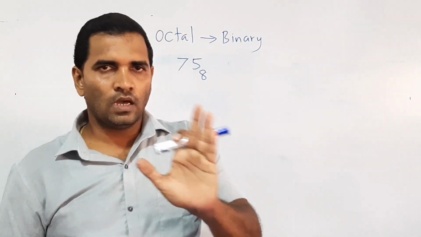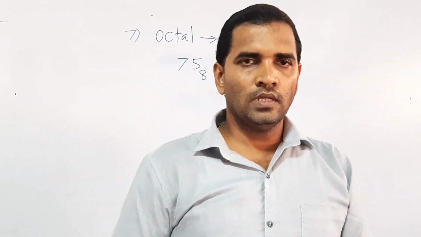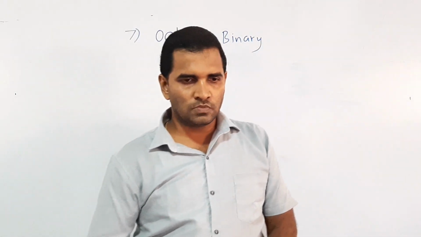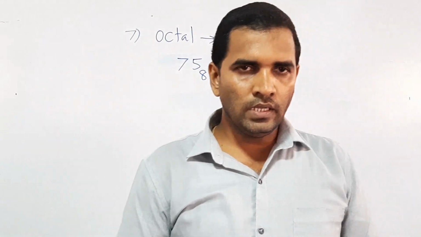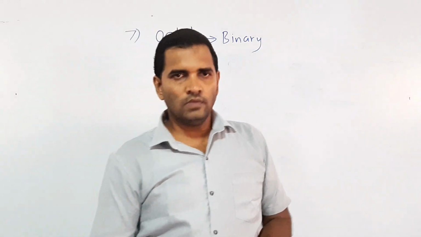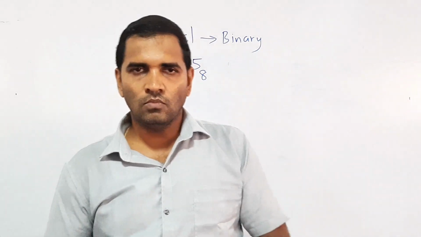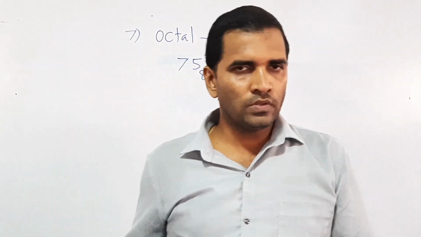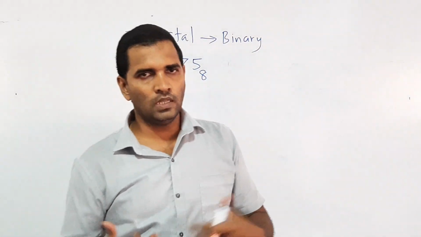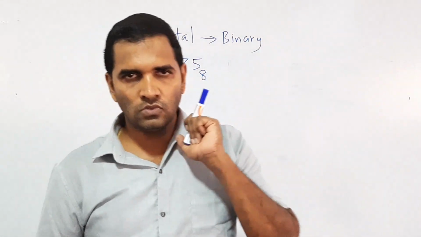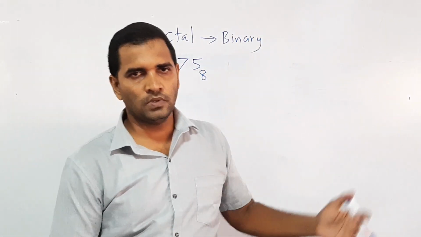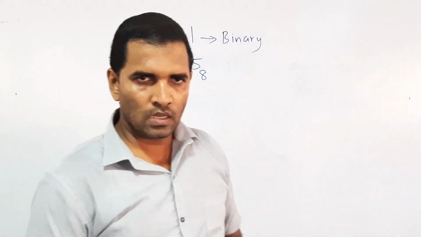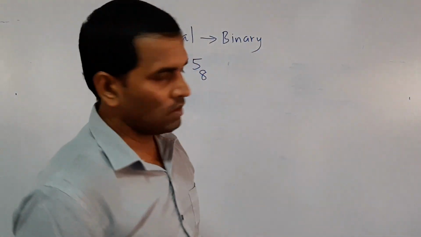But again, I'm not going to recommend that for your exams or for your studies, because as in the previous conversion, they definitely need many steps and also take more time. So forget about that method. If you want, you can remember and work with it, but I want to convert this directly into binary. I'm not going to take the previous methods. Straight away, I will convert this octal into binary.